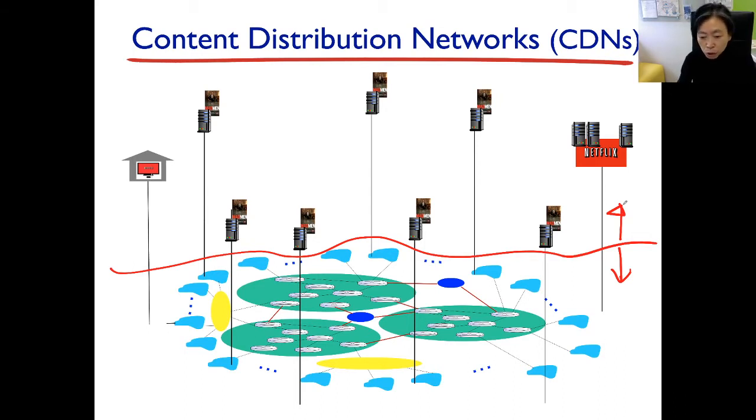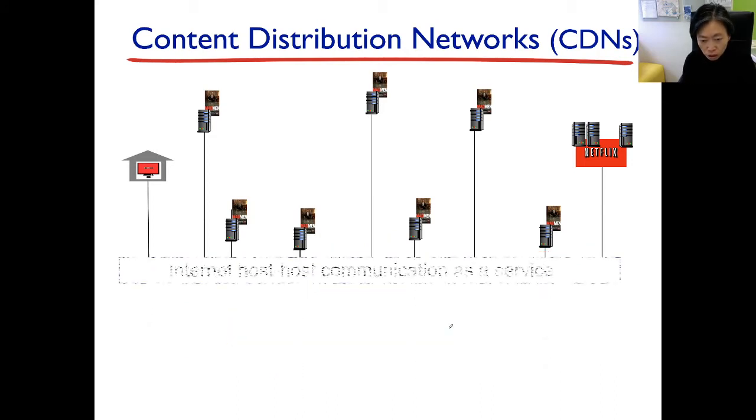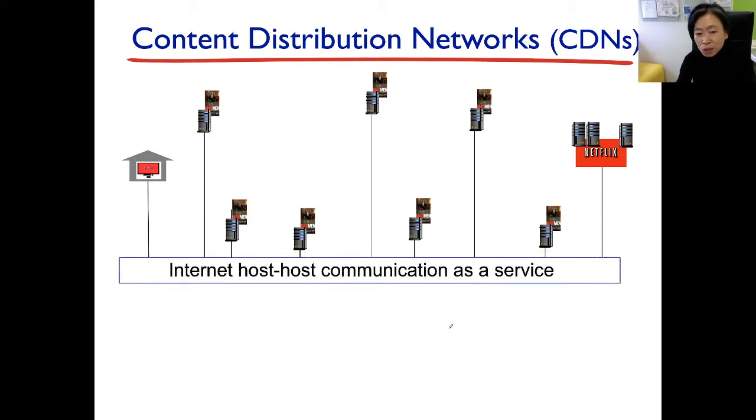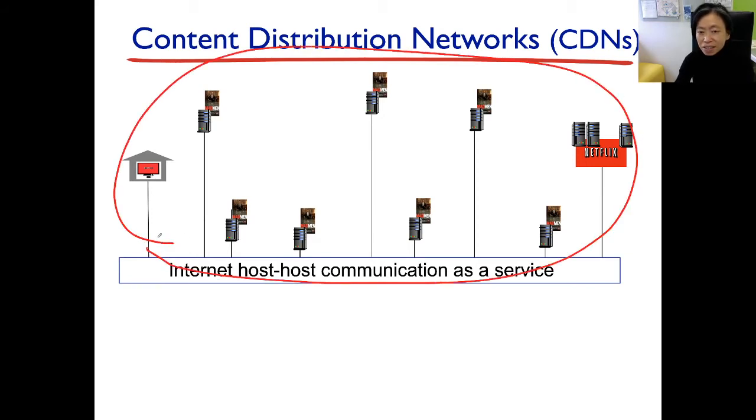Now let's abstract away the infrastructure here using just a channel. So you see here high up, this is a network. And CDN, you can think of it as a service provided to the content provider such that we enable end-to-end or host-to-host communication. So it works like there's a network at the application layer.